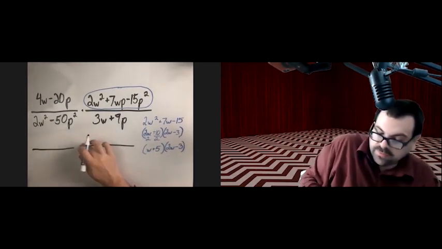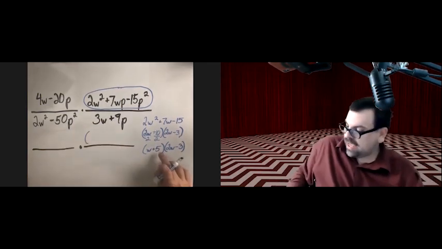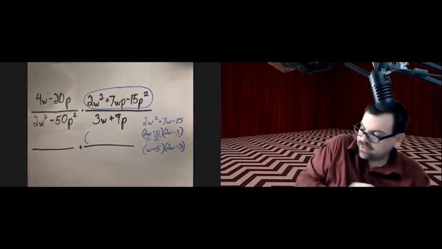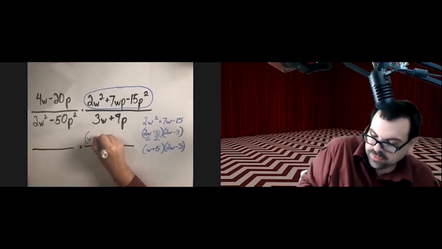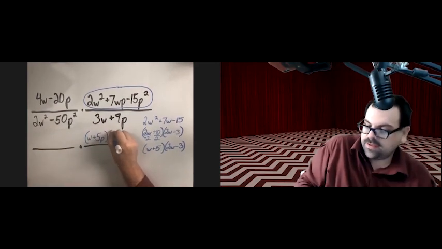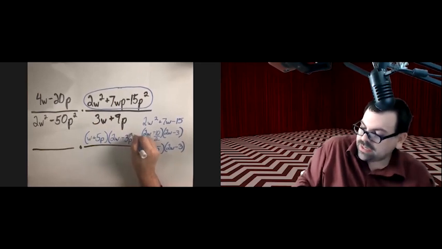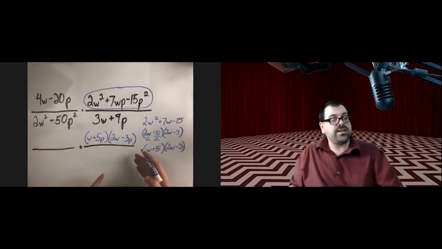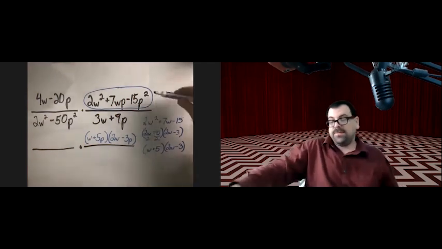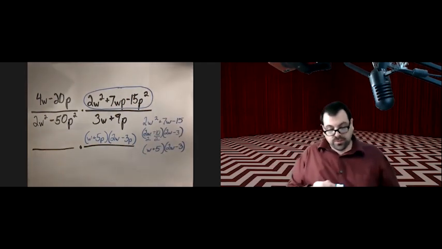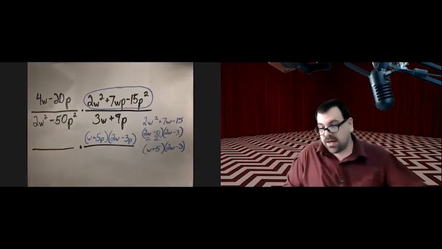So we're just going to put a p after the 5 and a p after the 3. w plus 5p times 2w minus 3p. If you don't believe me, you can check that out. If you FOIL that, you're going to end up with 2w squared plus 7wp minus 15p squared.